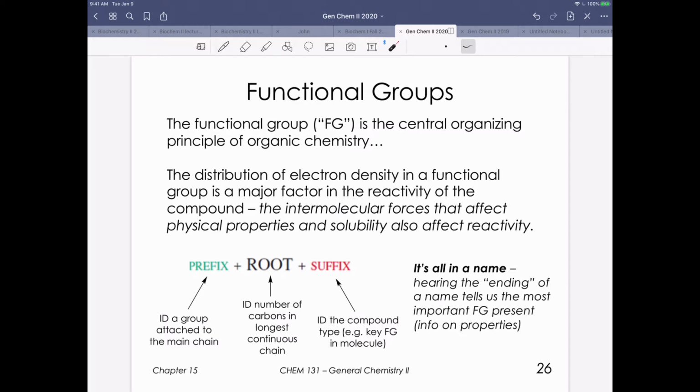So for example, things that end in OL are alcohols. And so you might think about isopropanol, which you find in rubbing alcohol, or ethanol that you find in alcoholic beverages. They end in OL because that tells us the important functional group that's in that molecule. So that's again something that we'll think about and kind of translate into concepts here.